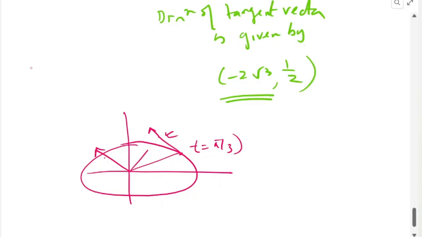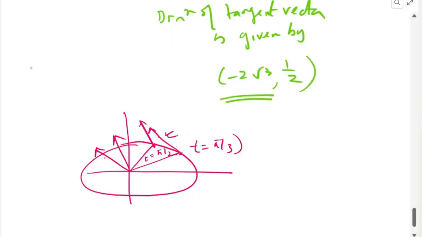Again, you change t to say pi by 2, suppose. Okay. So here again is another point of tangency. You can again draw a curve because this curve is continuous, so I can differentiate it. So I draw another direction like this, and then I draw a vector parallel to this. Okay.